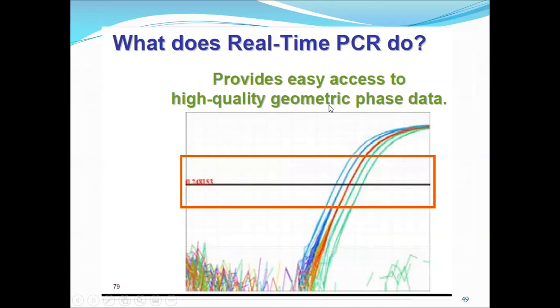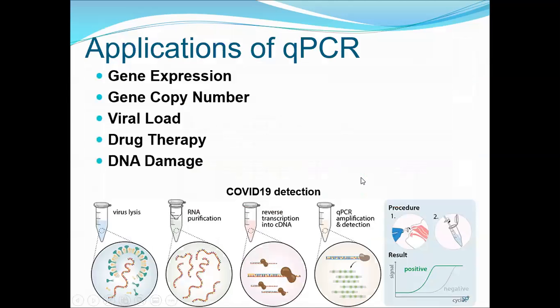So the real-time PCR actually gives you access to high quality geometric phase data, and there are several applications of qPCR, which include gene expression, that is mRNA to cDNA and then the quantitation, and then gene copy number, how much is the copy number of that gene present, which could be quantitated.